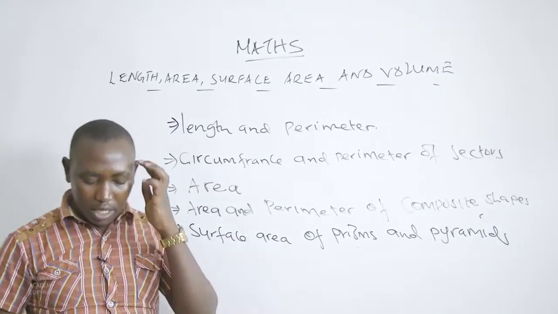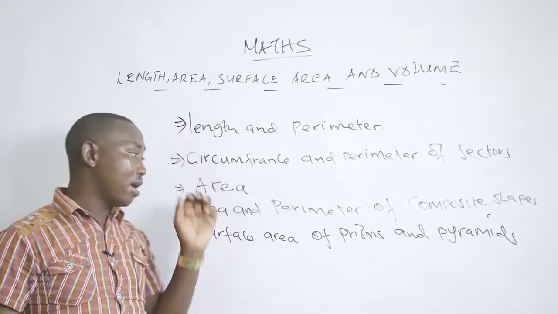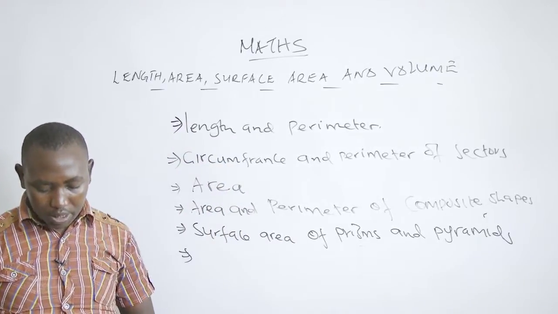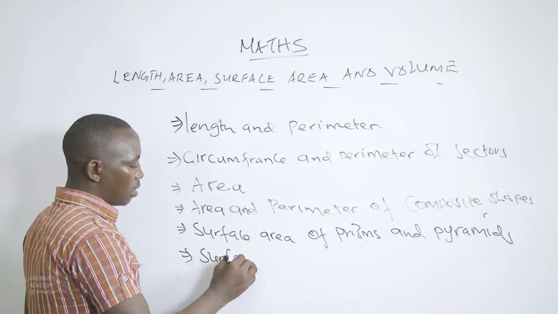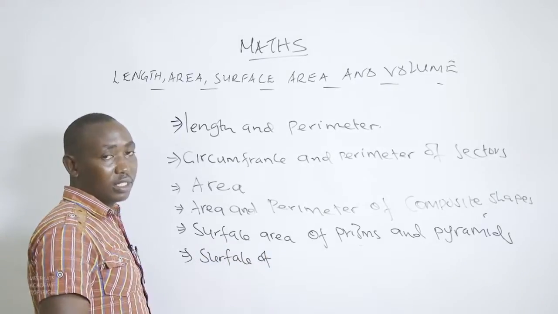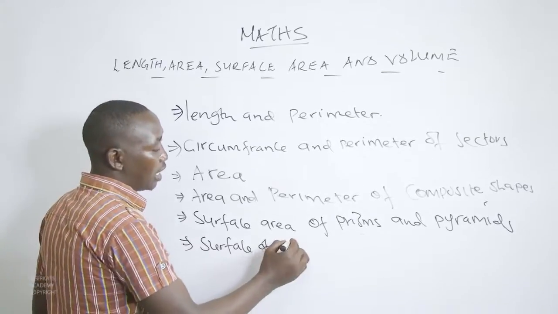Then after looking at how we can get the surface area of prisms and pyramids, we shall also look at surface area of cylindrical containers or cylinders.